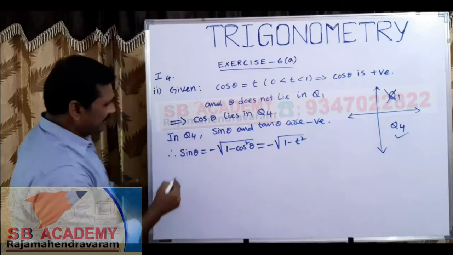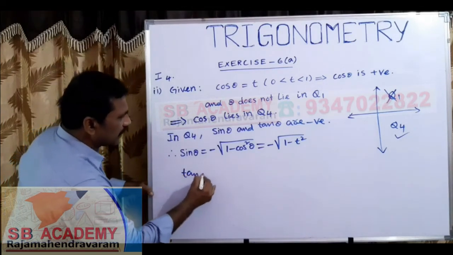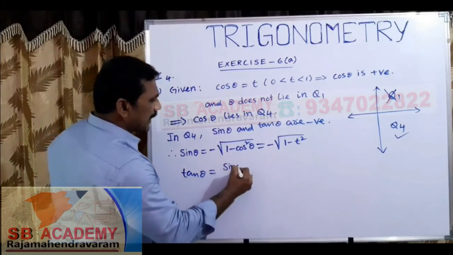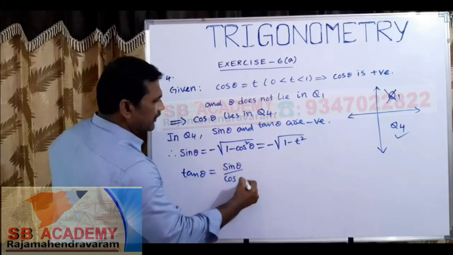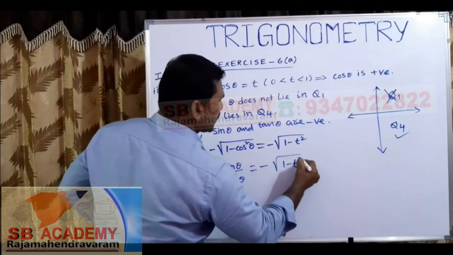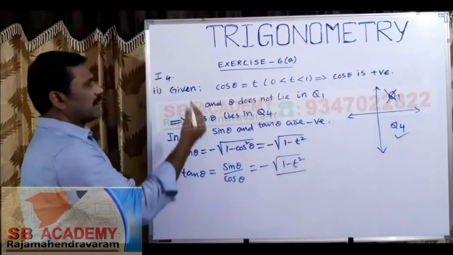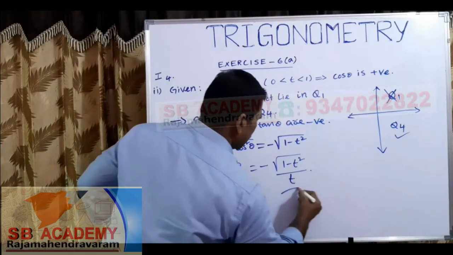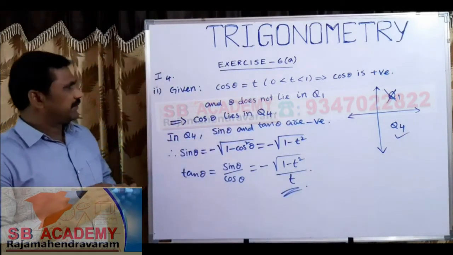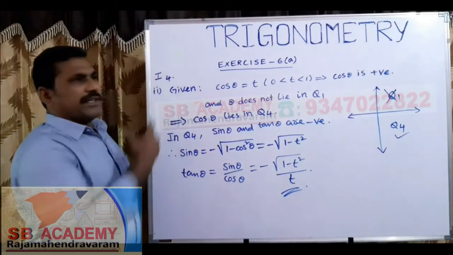Right? Next, after that, find out tan theta. Tan theta equal to sin theta by cos theta. Sin theta value is root over 1 minus t square by cos theta value is t. That's it. So like that we have to do the problem. Write down in your notebook.